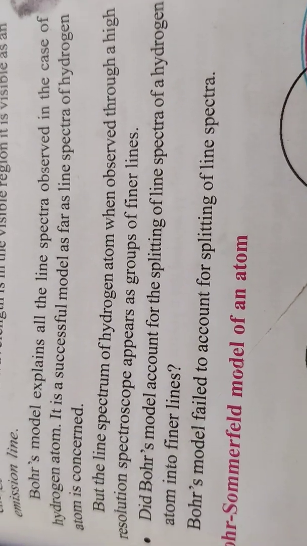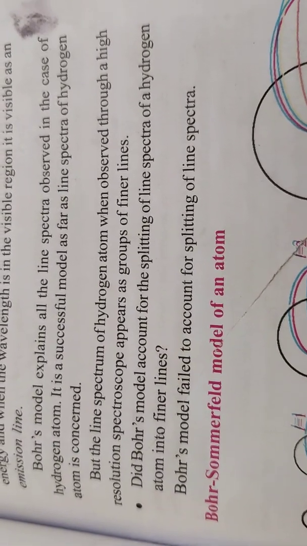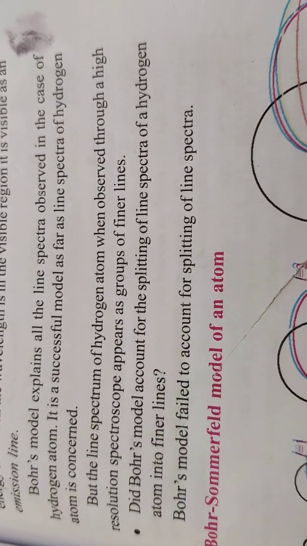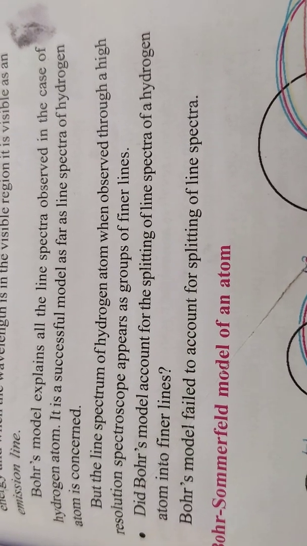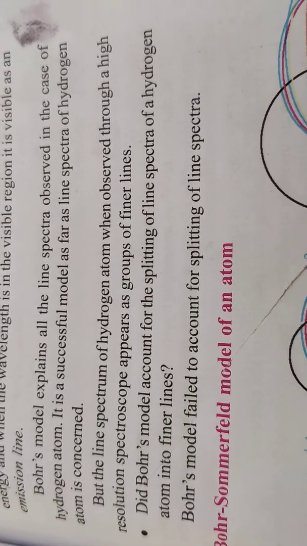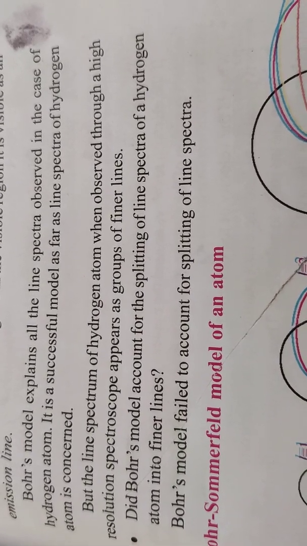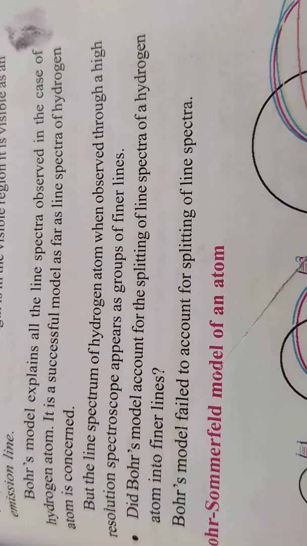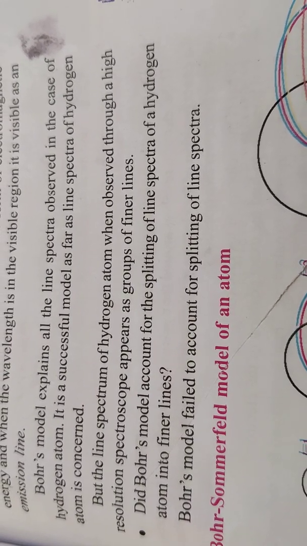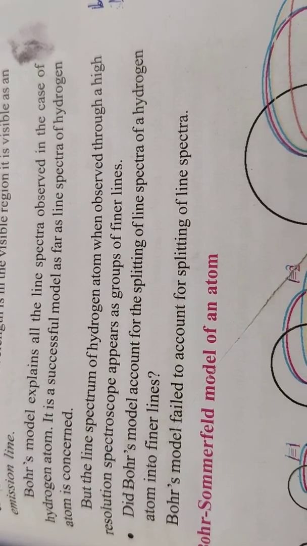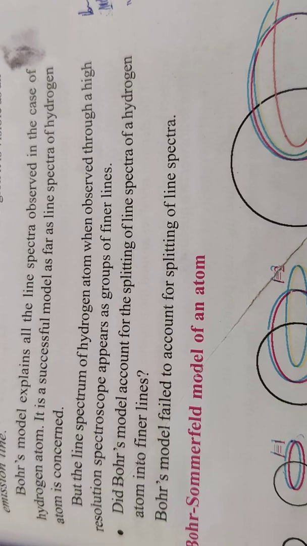Here you see, when the line spectrum of the hydrogen atom is observed through a high resolution spectroscope, it appears as groups of finer lines. So he explained the line spectra of hydrogen, but at the same time he failed to explain the finer lines, or the fine spectra, of the hydrogen atom. This is the drawback of Bohr's model.